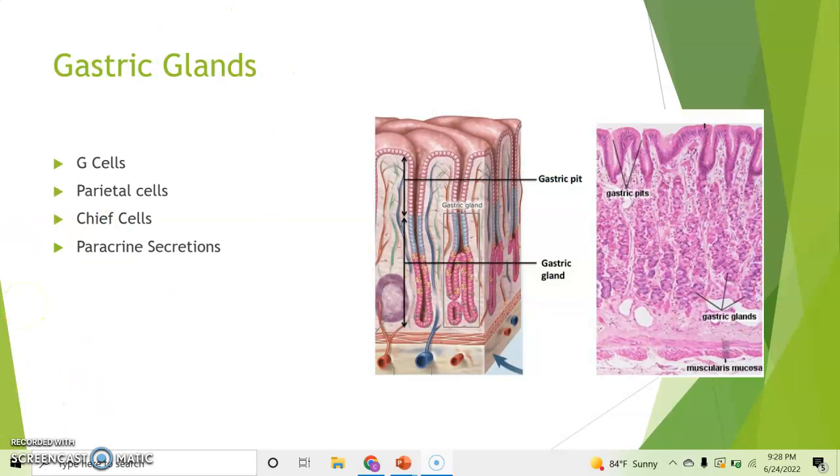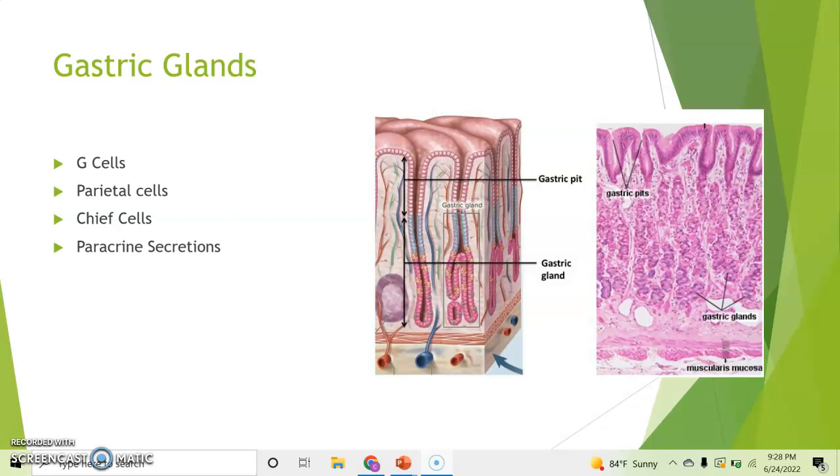Okay, so this is just a slide showing the different gastric glands. There are other gastric glands that I didn't list here that involve mucus secretion.